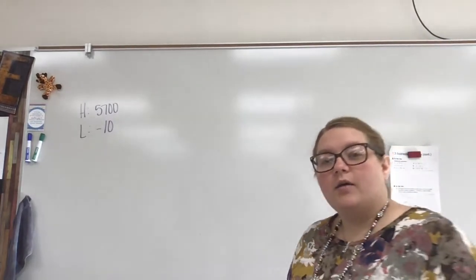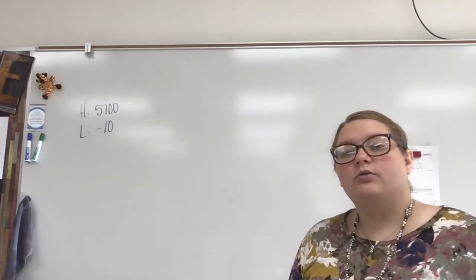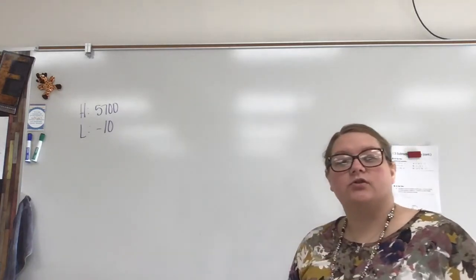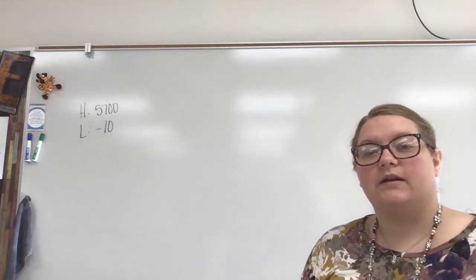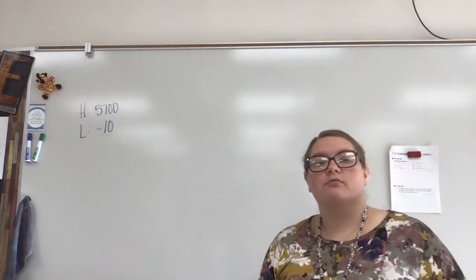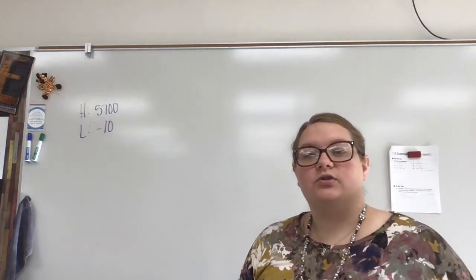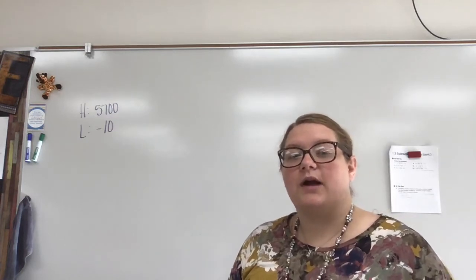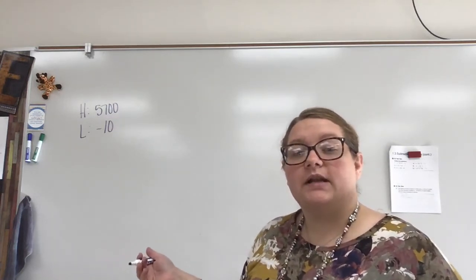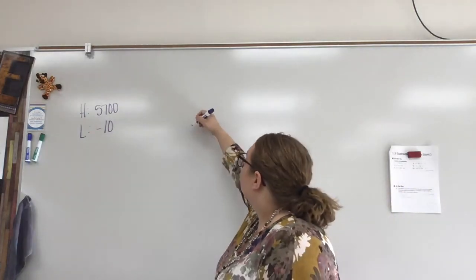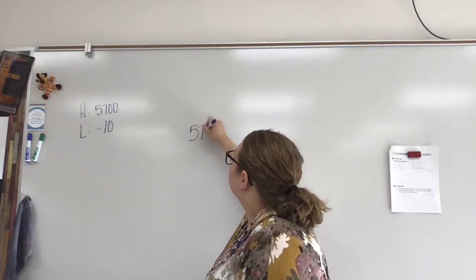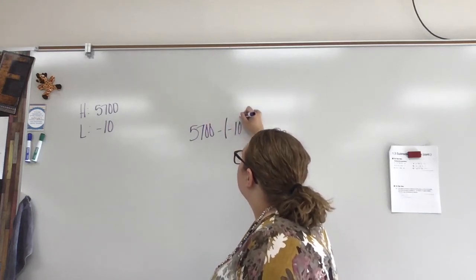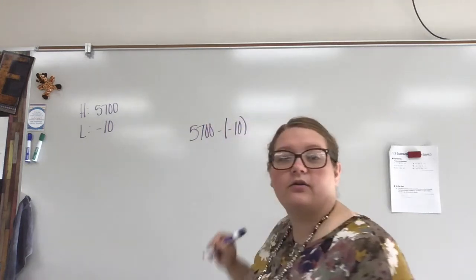Okay, in number 13, we're talking about two elevations in Mexico. One, the highest, being 5,700, and the other, the lowest, being negative 10. It's wanting us to find the range of these two elevations. In order to find the range, we would need to subtract them. So you first want to set it up as a problem: 5,700 minus negative 10, because again, we're going to subtract the two numbers.